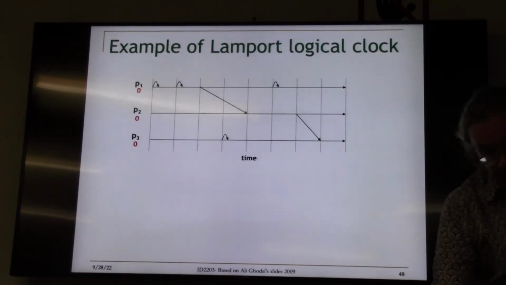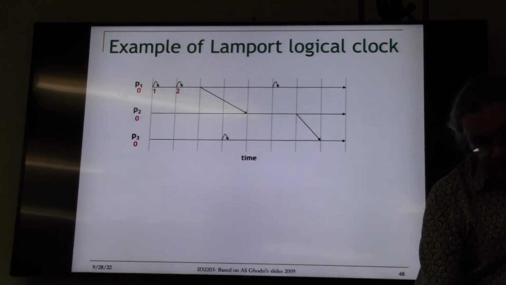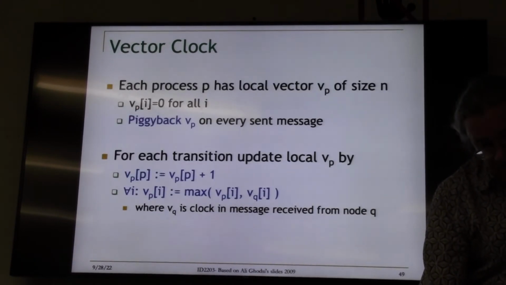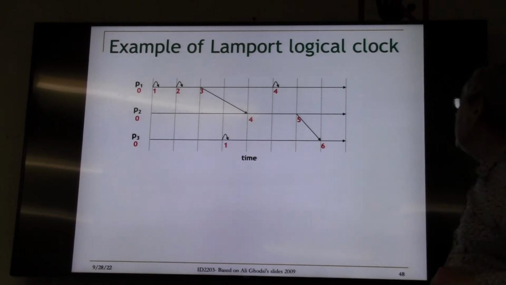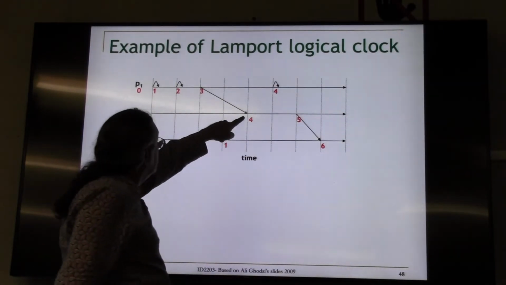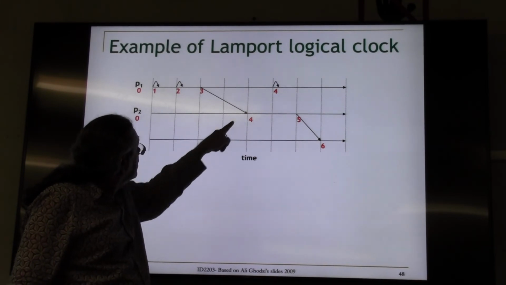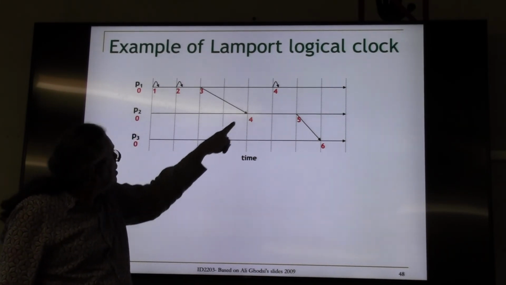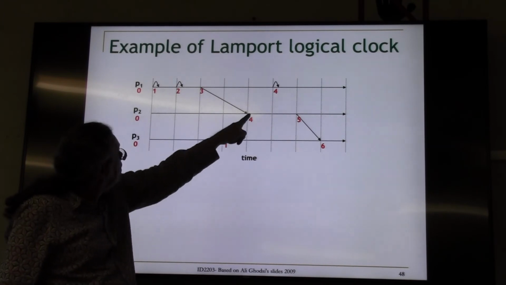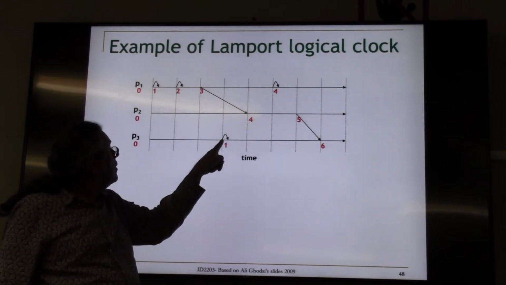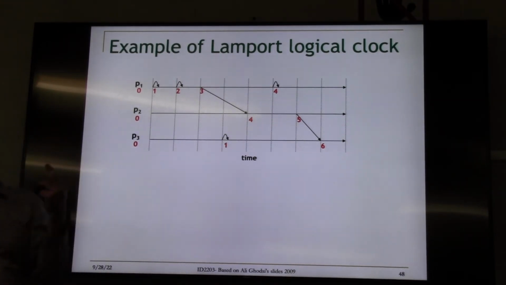But it's not telling me everything. Some things it's not telling me. For example, these 2 events. What is the causal connection between this one and this one? Are they concurrent?